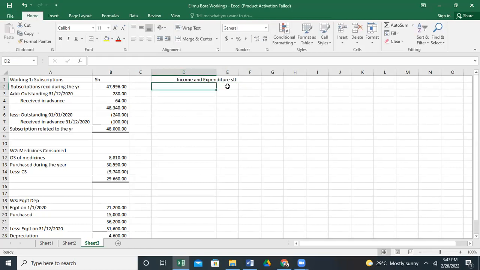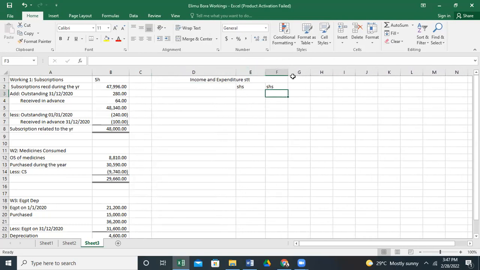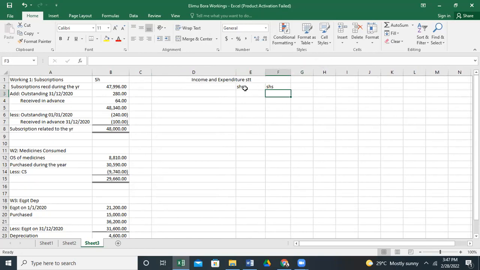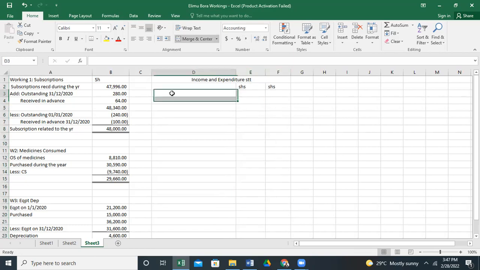And I'll have my figures here in shillings. So these two columns, I want to convert them into money. So I'll start with the incomes, and then I go to the expenditure items. So this is income.